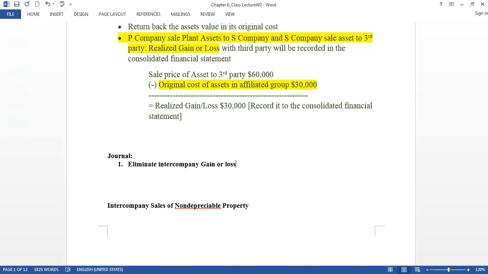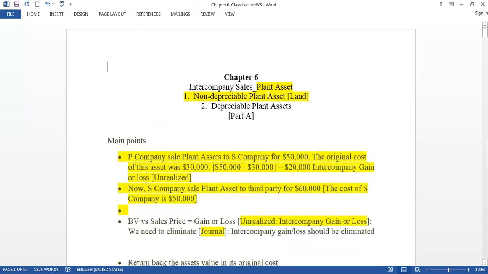Now we have another journal. Remember the chapter title: we are talking about plant asset, and according to your principles of accounting course, plant asset is always recorded based on the cost price. So I am the parent company and you are my subsidiary company. I sell it to you or you sell it to me, right?